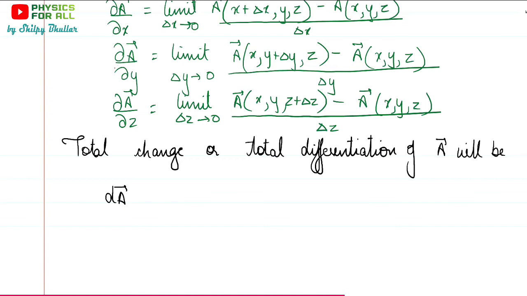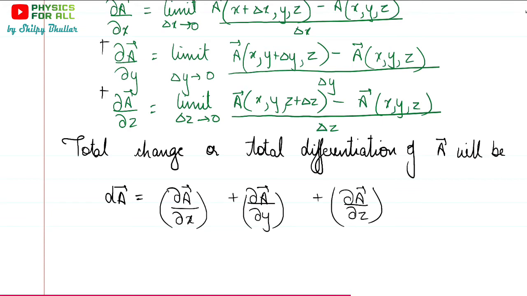You just curl the d. So now for total change, what we will write would be just the sum of all these three. All these three when combined will give us the total change. So we will write it as curly A by curly x. This way we have represented it, because the total change would be the sum of all these partial changes.